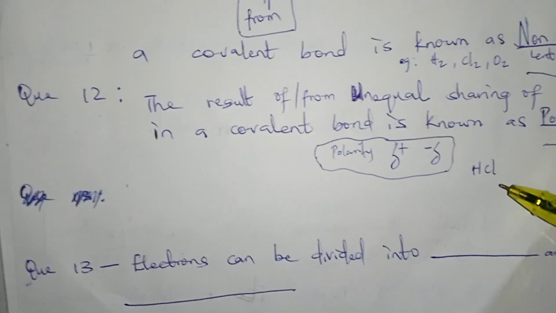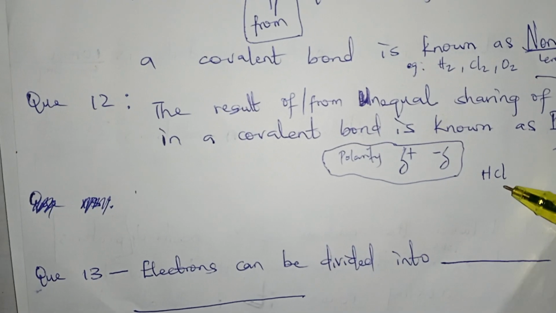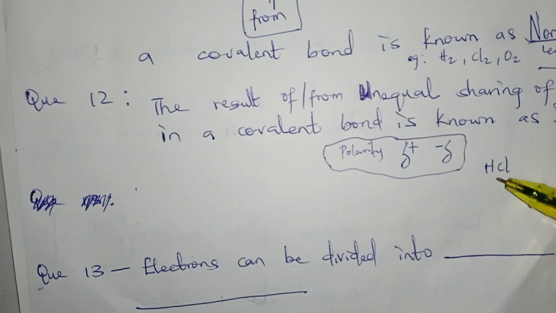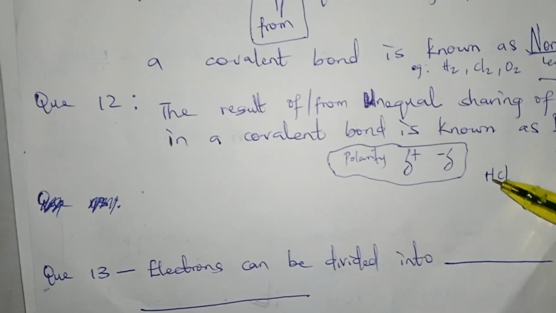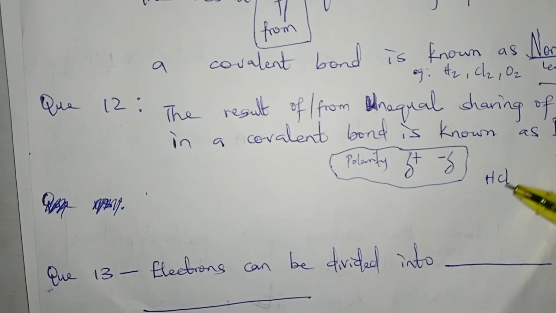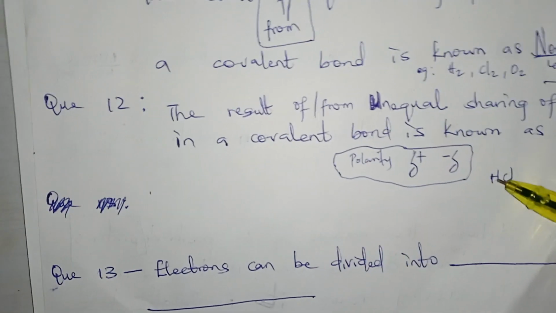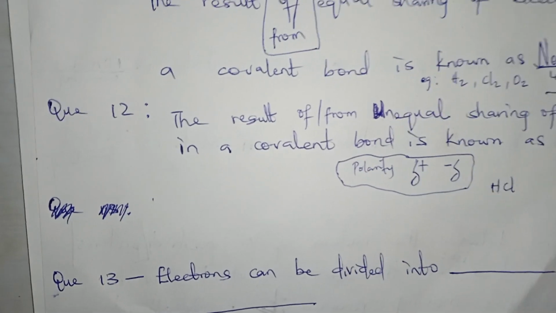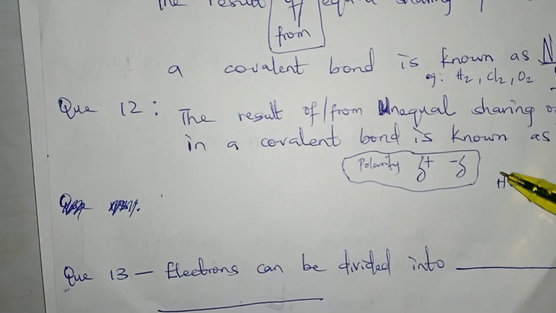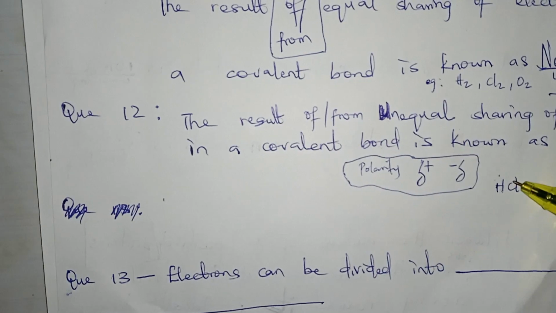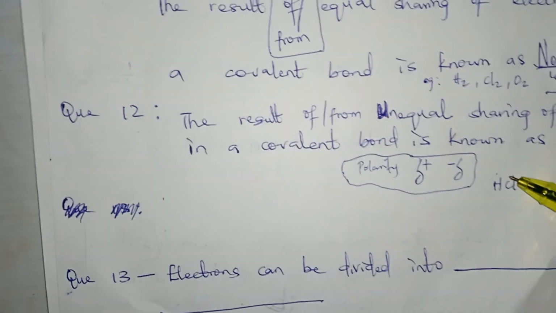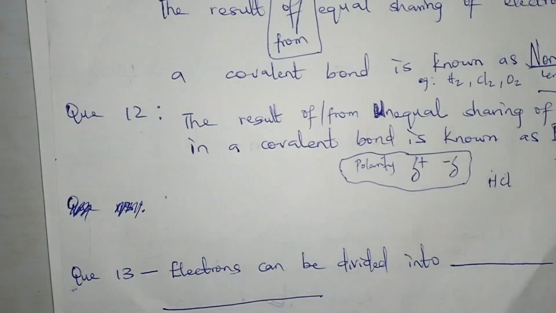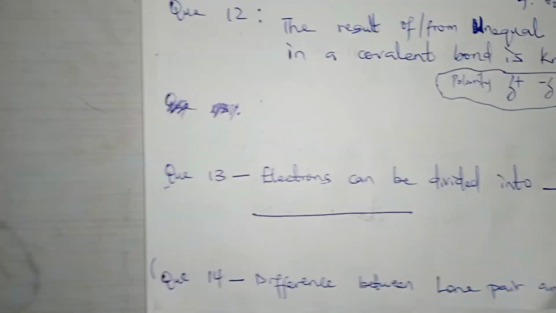Because there are so many electrons in the outer shell of chlorine, it will tend to be more negative, and as it drags the electron, it will be partially negative, and the hydrogen will be partially positive, because the effect of its negativity is not as high. So you need to know that that's a perfect example.